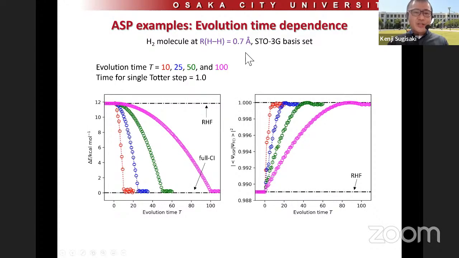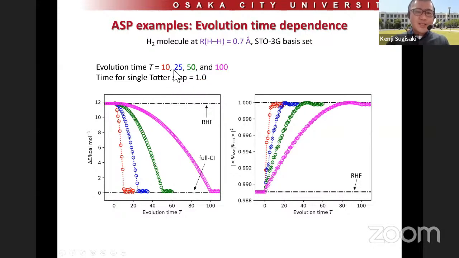And these are the quantum simulation results. In this case, I performed the quantum simulation by changing the evolution time T equal to 10, 25, 50, and 100. The time for a single Trotter step is set to be 1.